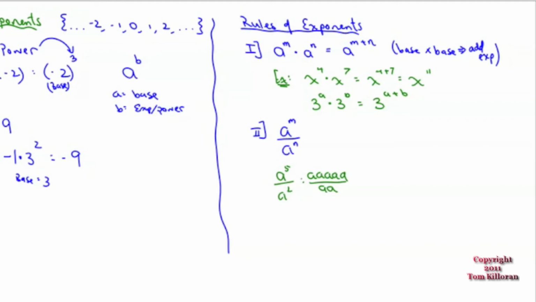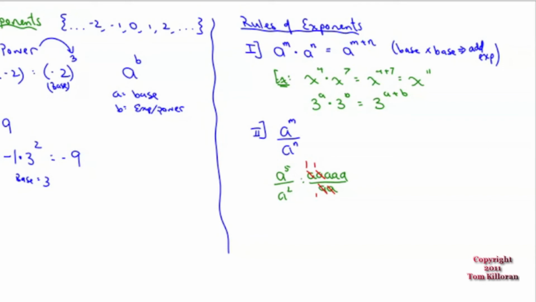Multiplicative, that weird word, or the multiplying inverse. So when you do a divided by a, what's it turn into? 1. It's really important that you put that 1 there, because sometimes they all disappear on the top and you're left with absolutely nothing. And a lot of people will put like 0 or something weird like that. a divided by a is equal to 1. It's the multiplicative inverse. You get another a divided by a is also equal to 1. Technically, there's a 1 in the bottom, too, if you want to write it. I mean, that's not going to hurt anything.